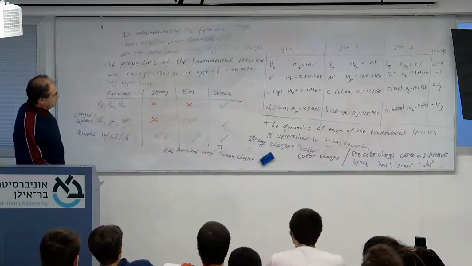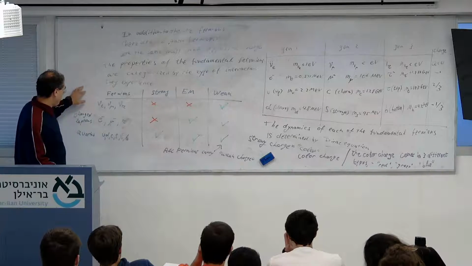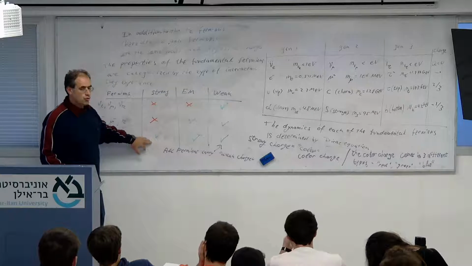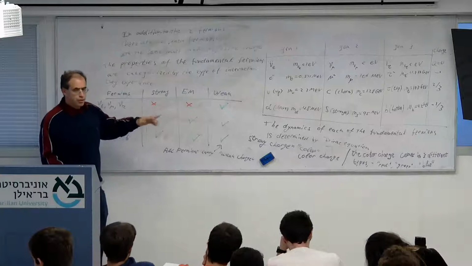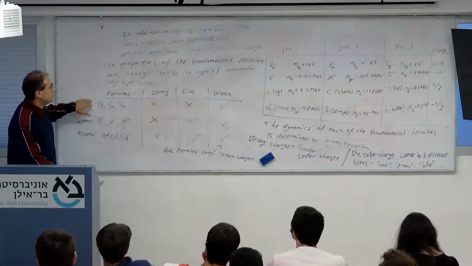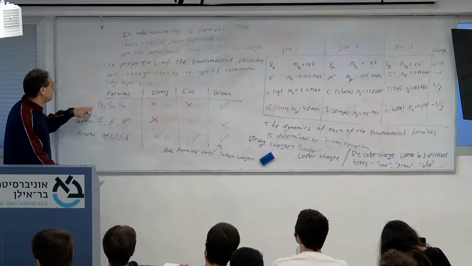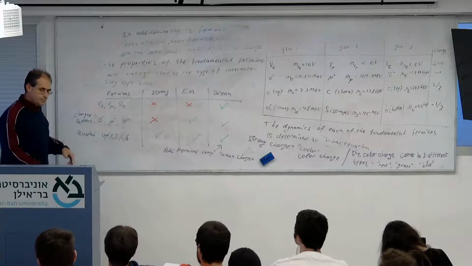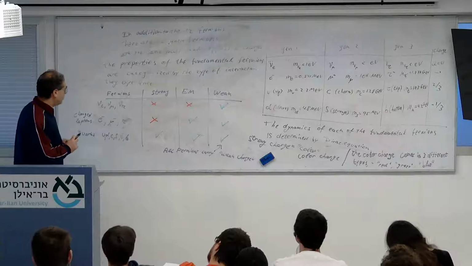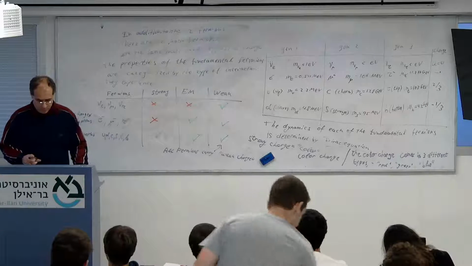So the quarks, we said, are the only type of particles that carry the strong charge, the color charge. The leptons, the neutrinos, do not carry the color.